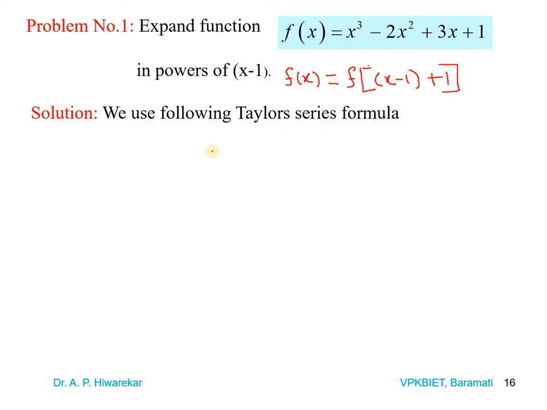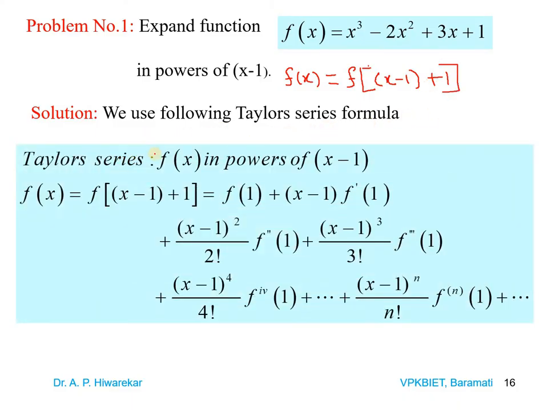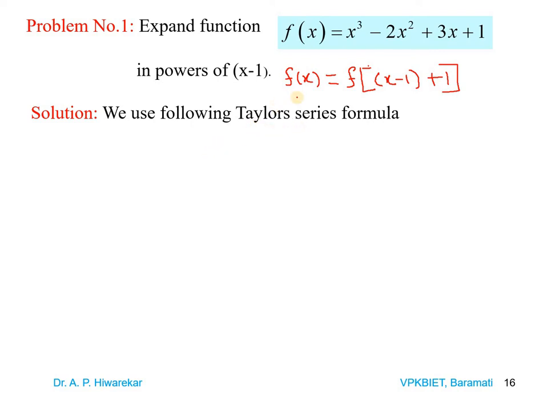Then we use Taylor's formula. What is Taylor's formula? f(x) in terms of x minus 1. So this is adjustment, and in this case what we do? We take h is equal to 1. And capital X means it is x minus 1.